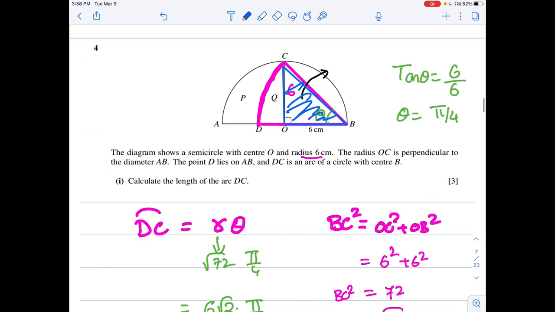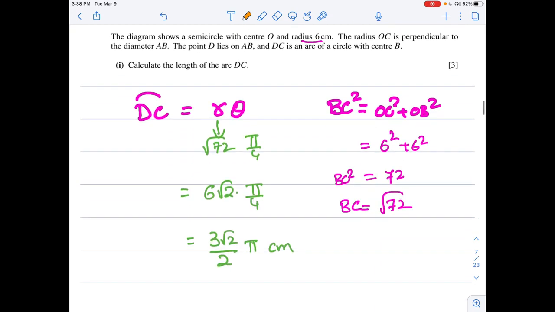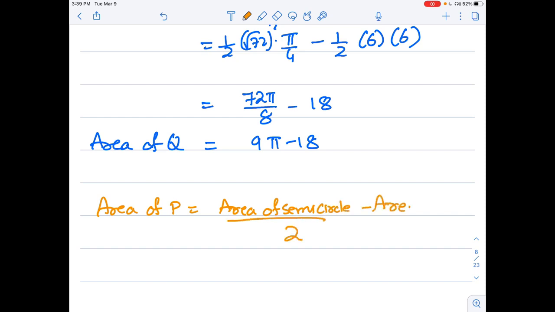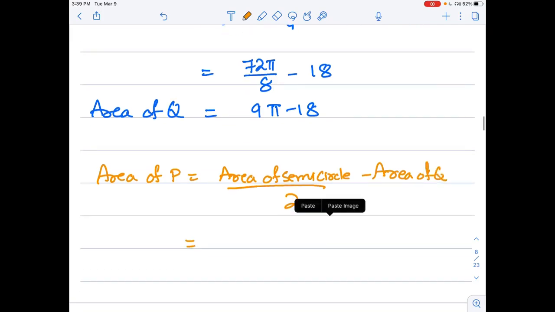Now I have to find area of P. How should I find area of P? For finding area of P, I take half of this semicircle minus Q. So area of P will be area of semicircle divided by 2 minus area of Q. The area of a semicircle is 1 by 2 pi r square.